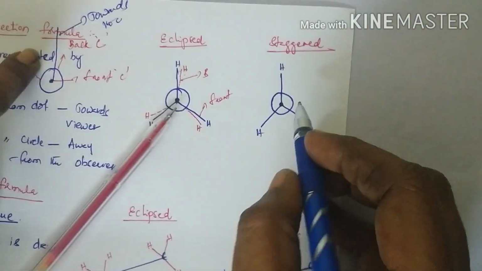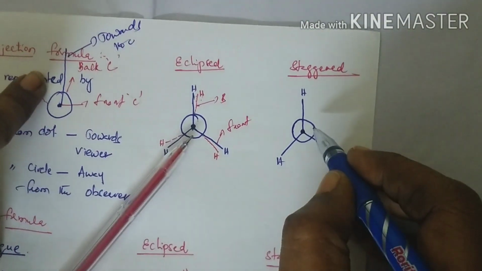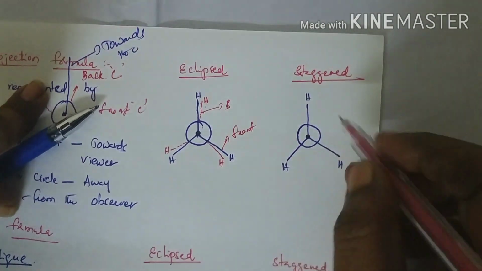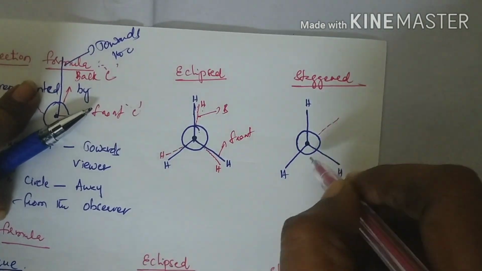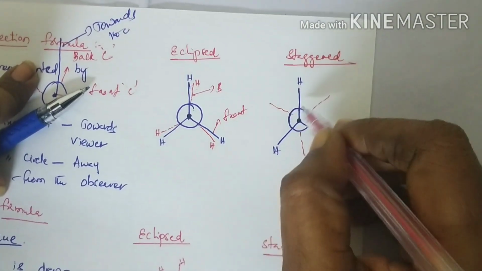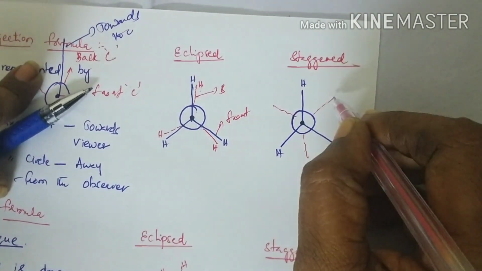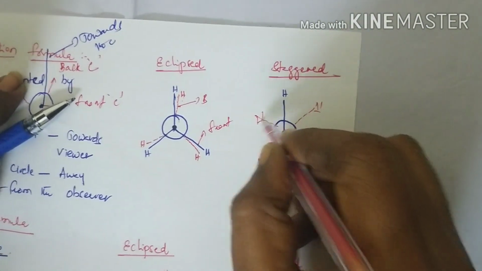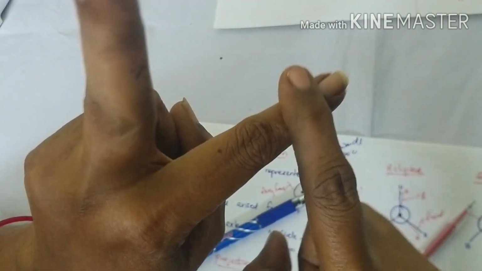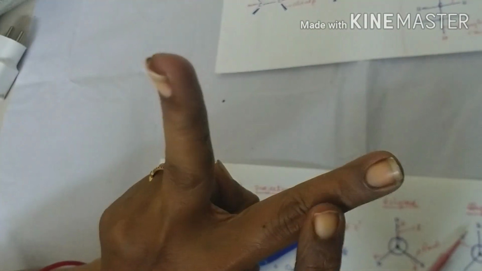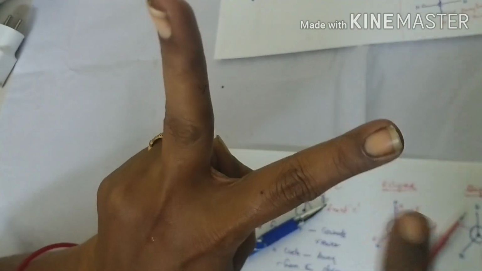Now coming to the staggered model. The staggered model means the back carbon alignment is exactly opposite to the front carbon. For example, this is the front carbon, this one is the back carbon. The angle between front carbon and back carbon is 60 degrees.